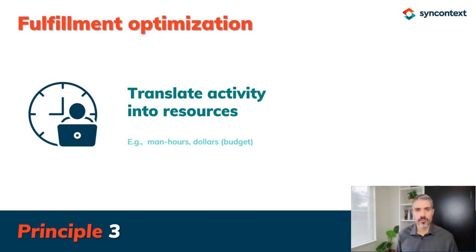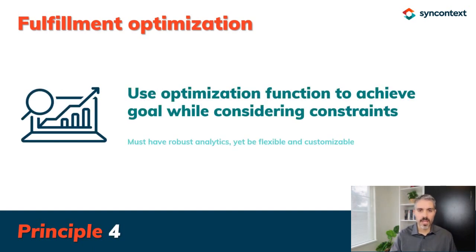So let's go now to principle 4. This is where optimization comes in. Apply an optimization function to achieve the objective that you define, and that considers the constraints that are relevant to your operation.